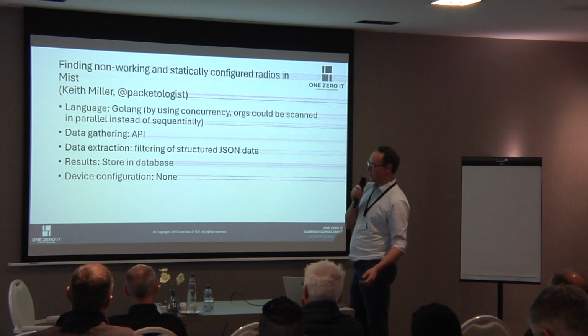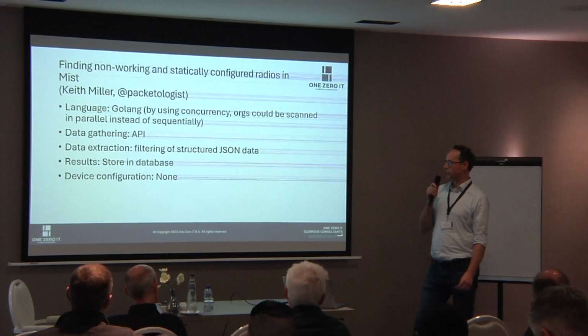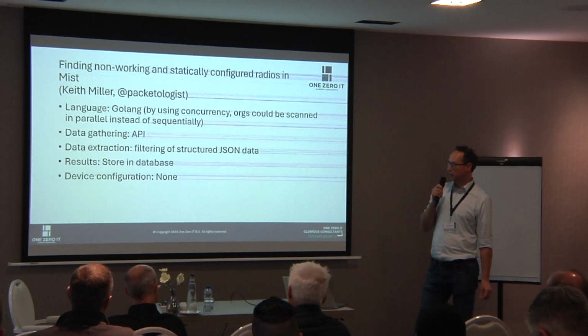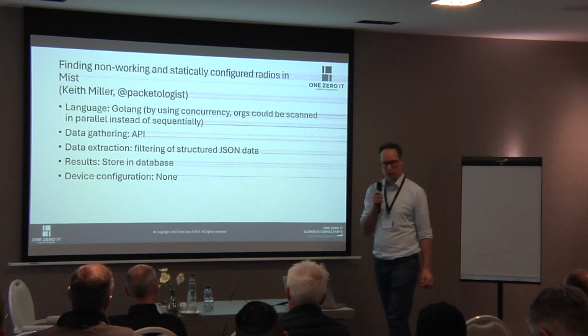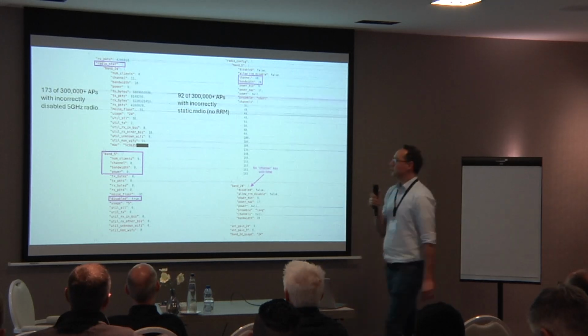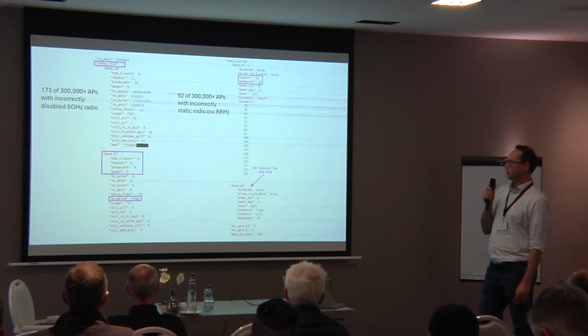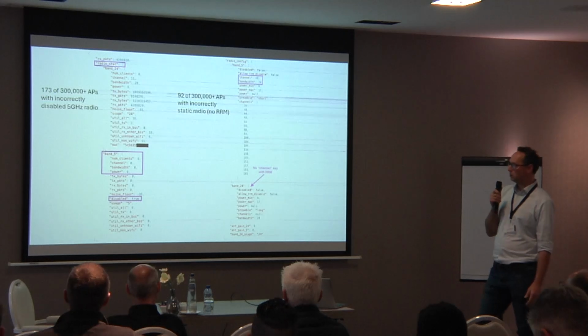He stored the results in the database, and he did nothing with the device configuration because it was an RMA feature, and he just had to know which APs are affected, so we could ship them back. So you can see, he especially told about the numbers of APs that he found.